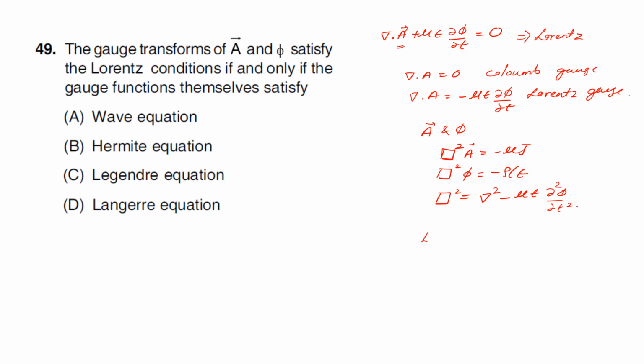Similarly, the electric field vector E and magnetic field vector B both should satisfy the wave equation. That is, d'Alembertian of E is equal to 0 and d'Alembertian of B is equal to 0. Therefore, the question is: gauge transforms of A and phi satisfy the Lorentz condition if and only if the gauge functions themselves satisfy the wave equation.